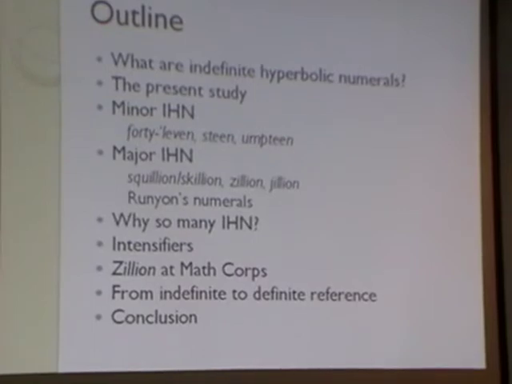I'll take you through some key milestones. But really the question is, why are there so many IHN in English? Why did they emerge when they did and how they did? And what's the range of variation? I'm then going to take you through their later history up to the present day and include some work from my present research at the Math Corps program here at Wayne State.